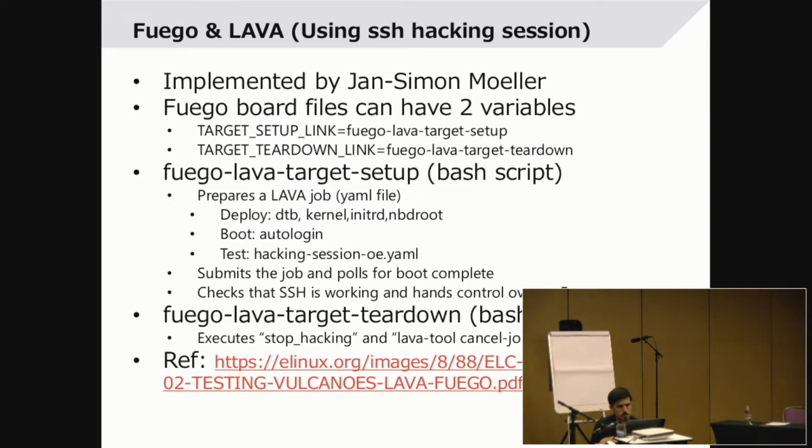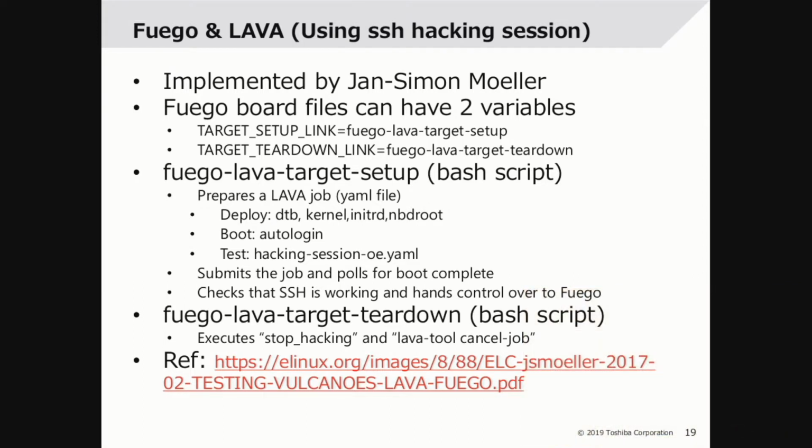Okay, so next I want to explain how to use together Fuego and Lava. One of the possibilities is to use an SSH hacking session, which is basically a method where Lava does the provisioning.